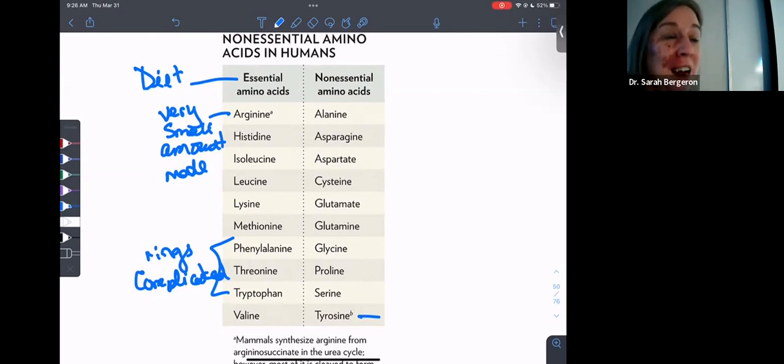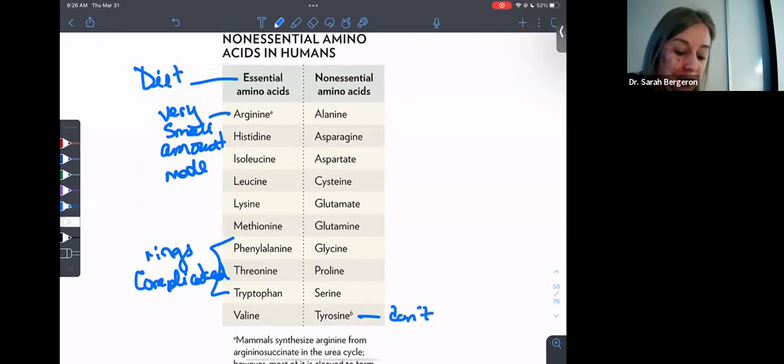So tyrosine. Tyrosine is metabolized from phenylalanine. So if phenylalanine is on the list as an essential amino acid and you're getting enough phenylalanine, your body can metabolize the phenylalanine to make tyrosine. So we don't actually make tyrosine.